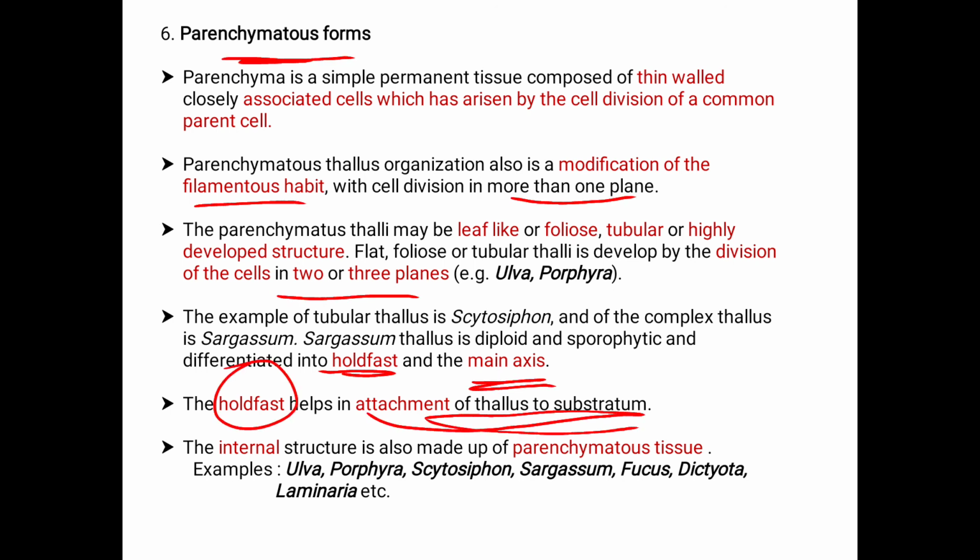The internal structure is also made up of parenchymatous tissue. The examples we quote for the parenchymatous form are Ulva, Porphyra, Scytosiphon, Sargassum, Fucus, Dictyota and Laminaria.